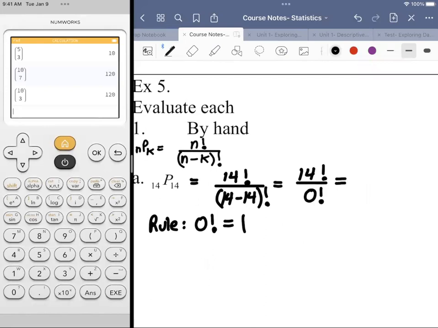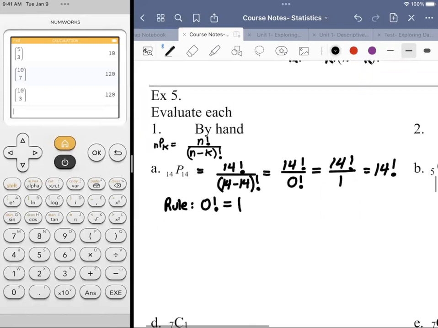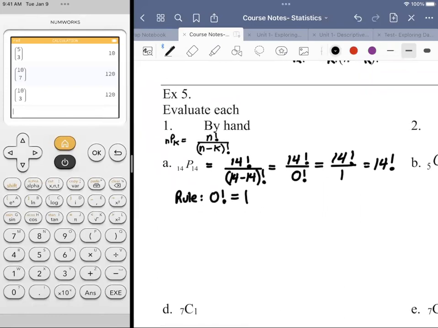So we're going to assume for now, you're going to believe me, that 0 factorial is equal to 1. And anything divided by 1 is itself. So 14p14 is the same as 14 factorial. Now, there's only so much you can do by hand, because if I needed to list out the product in order to find the factorial, it would be here for a while.